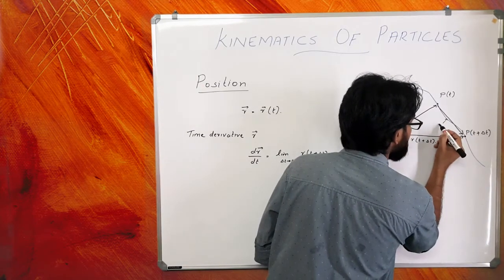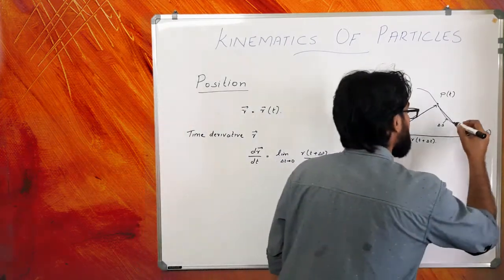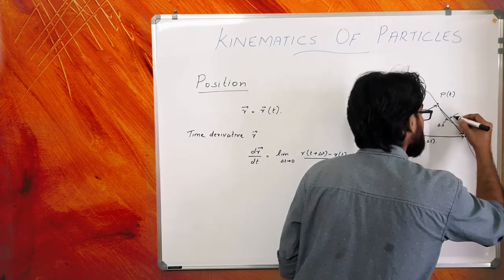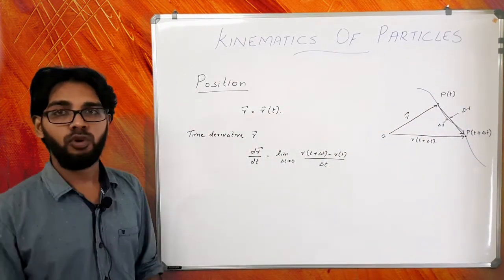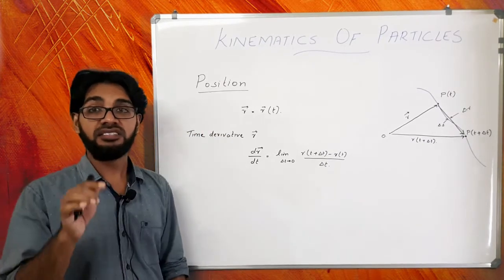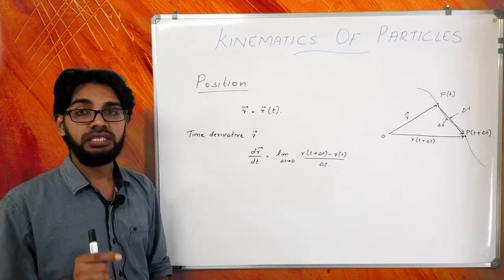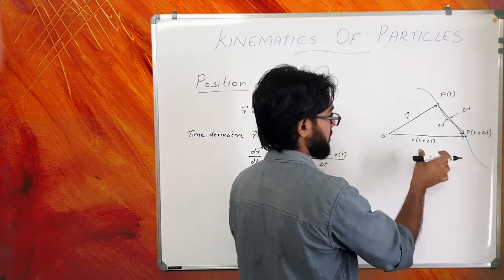This shall be delta s, which indicates the distance covered along the path, and this shall be the vector delta r. Now, we call this vector delta r the displacement vector. You must have studied this in vector mechanics.